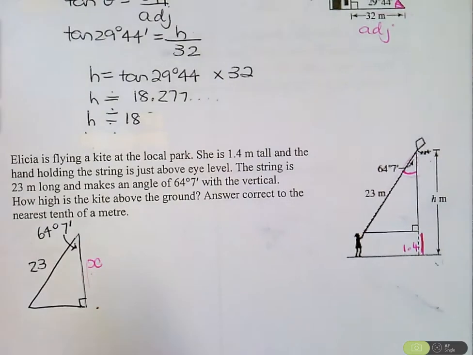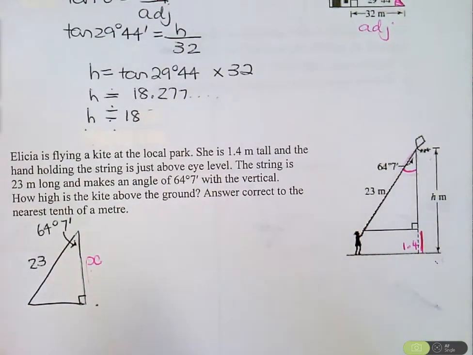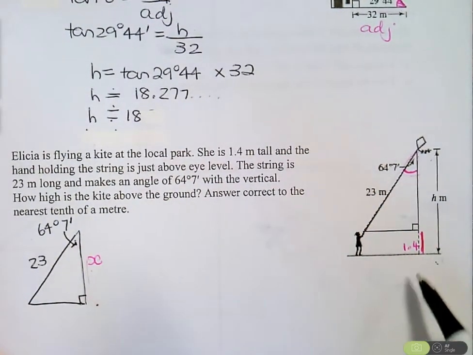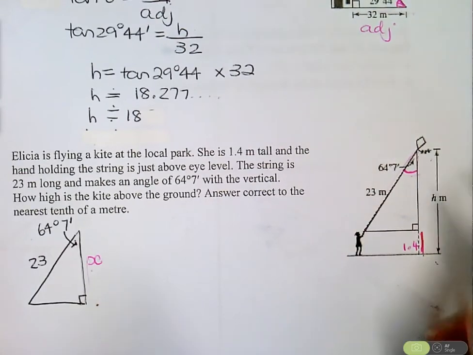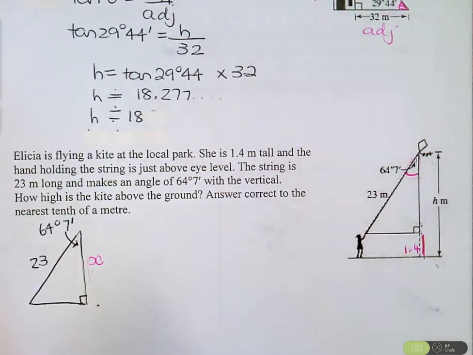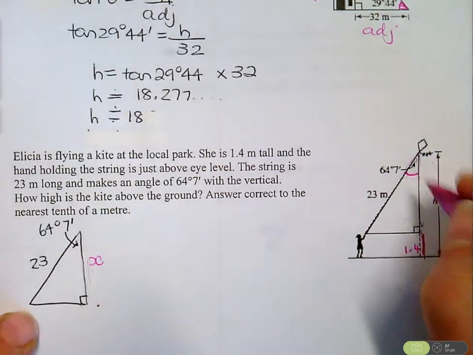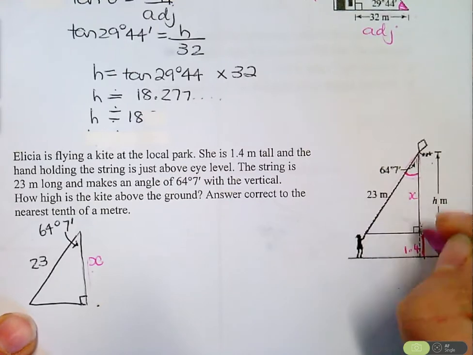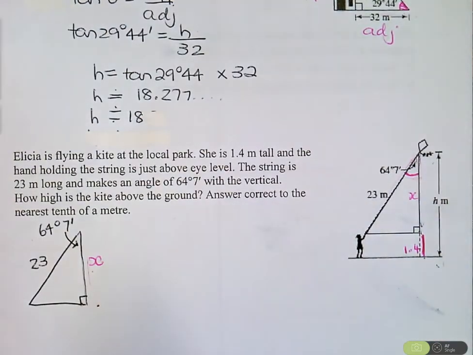But to get the height, whatever I get for x, what do I do with that number when I'm done? Add the 1.4 to it. So when you use trigonometry, you can only work out this bit of the triangle. Do you see that? So I'm going to call this bit x, and that's 1.4.